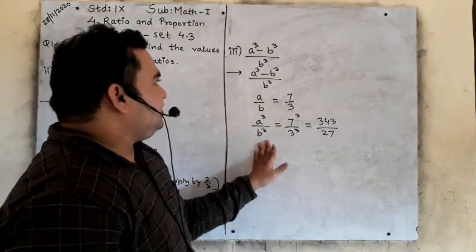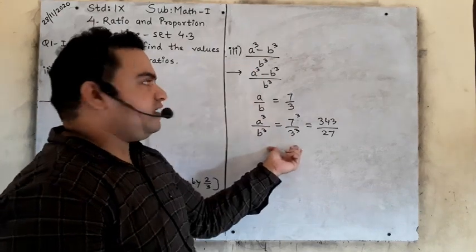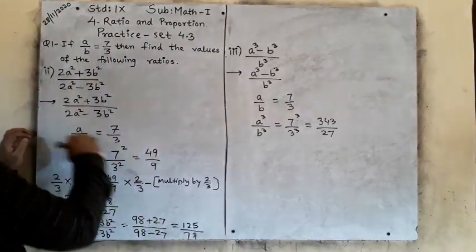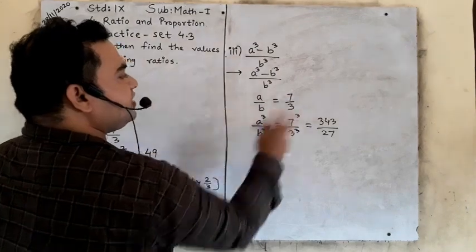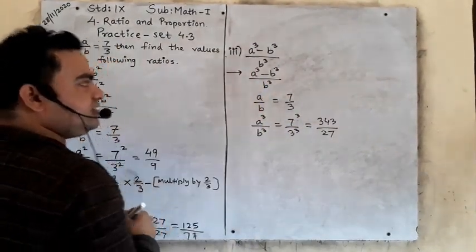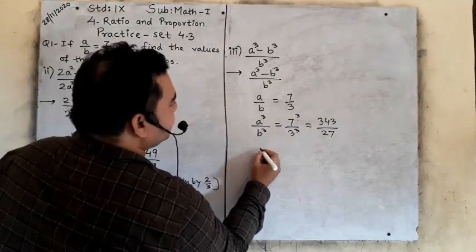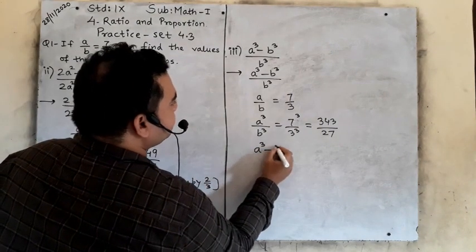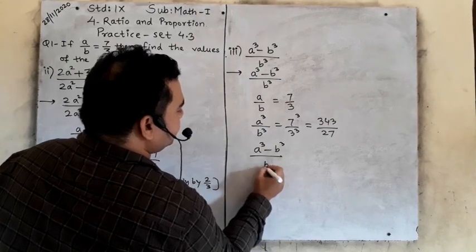So now we will see this third one. We have solved the half like this. Here it was a square, here it is a cube. So we will make it cube. Now what is the coefficient of a here? There is nothing, so you can solve it directly. What is given over here? A cube minus b cube upon b cube.